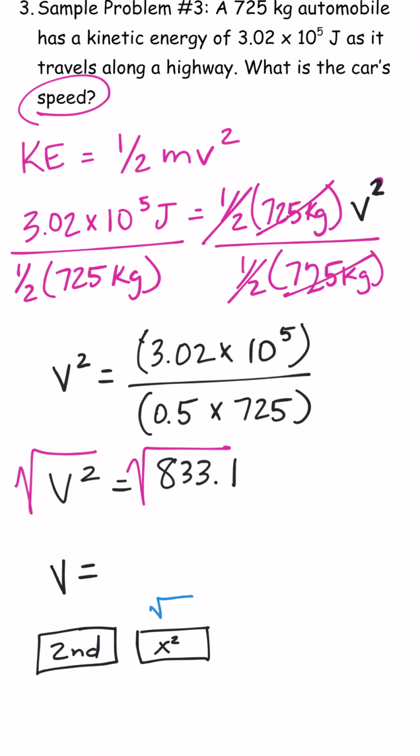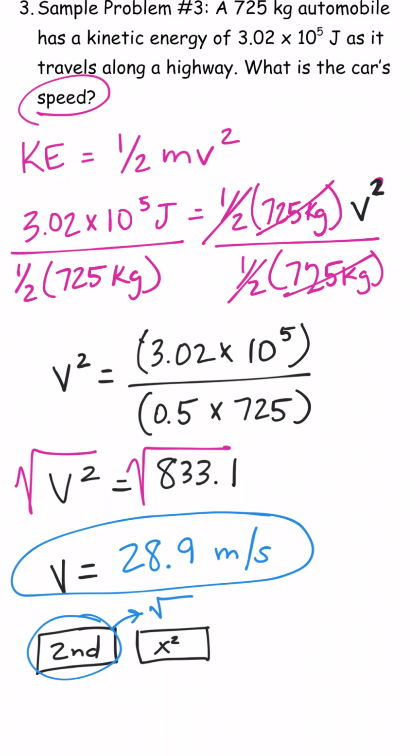And so that's what the second function allows me to do. It allows me to get to this one, or do the square root. So now I'm going to enter second x squared, 833.1 and enter. And I get 28.9 meters per second. That's my final answer.